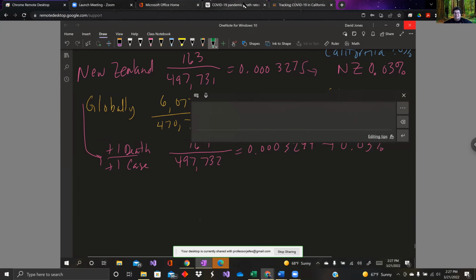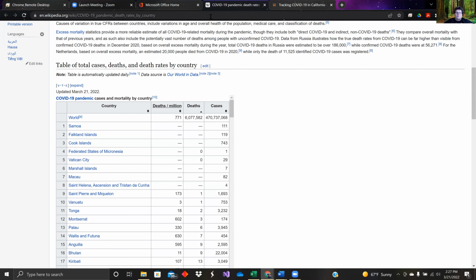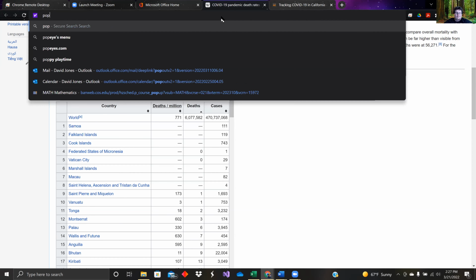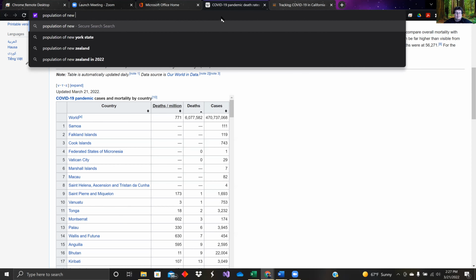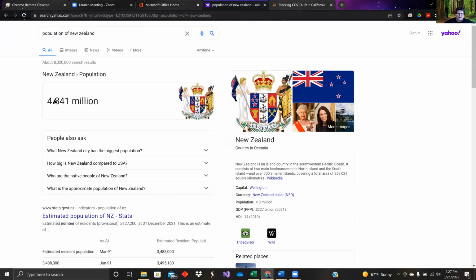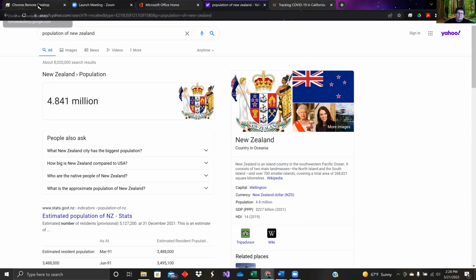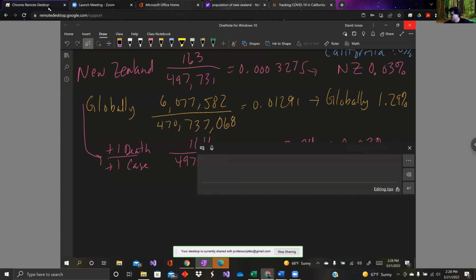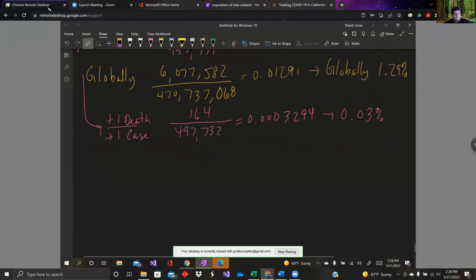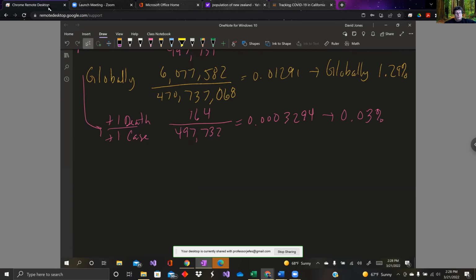That's crazy. What's the population in New Zealand? 4.8 million, almost 5 million. They've lost 163 since the pandemic started. That's insane. It's super low. So they took some precautions that made a real difference.